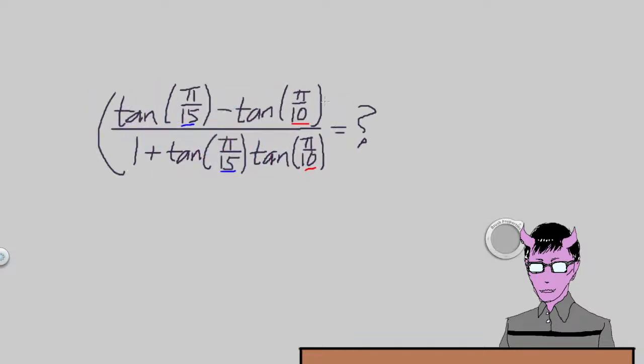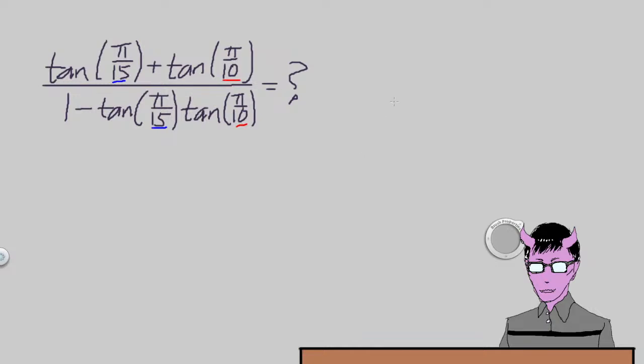So if we think about this, if we factor out a 1, no, it'll still be a minus. Okay, so I'm just going to change the problem, and we're going to do a new problem altogether. And we'll pretend that the previous few minutes did not even exist. So this is going to be a plus, and this is going to be a minus. So here we go. All right, so this is the actual problem.